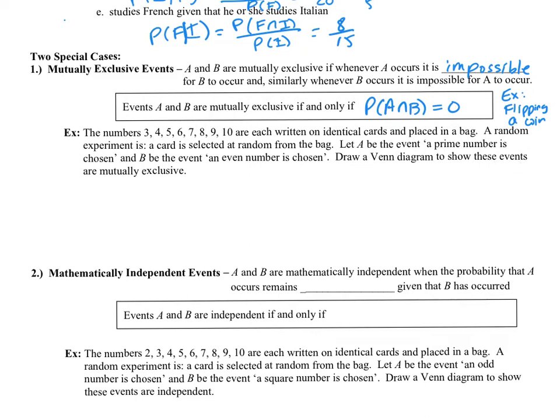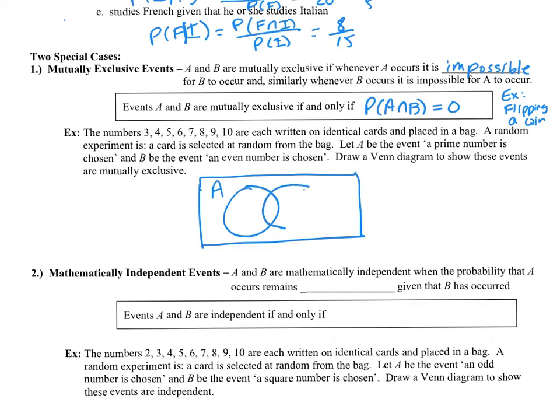In other words, we're going to show that the probability of a number being both prime and even from this universal set at the same time is 0. Okay? So we'll draw a rectangle to represent our universal set. Okay? Then we have our set A, which represents the prime numbers in the bag, and then B is the set that it is even.